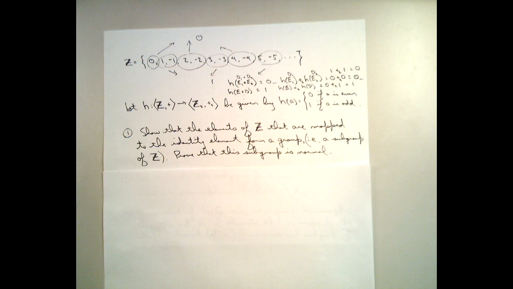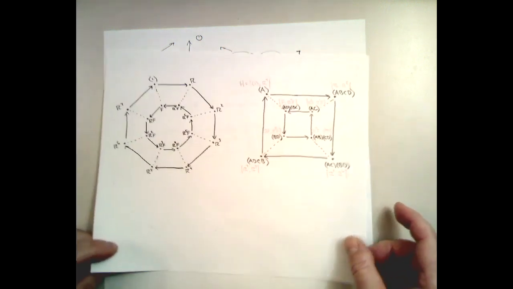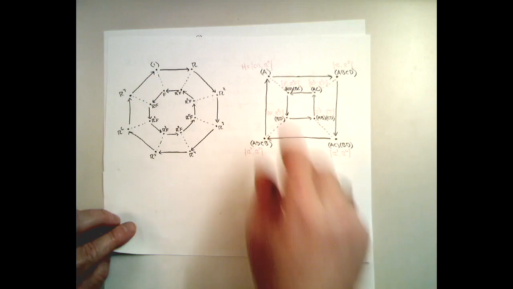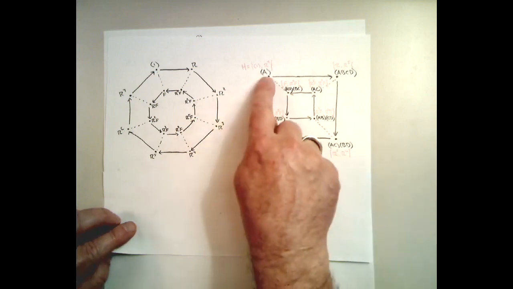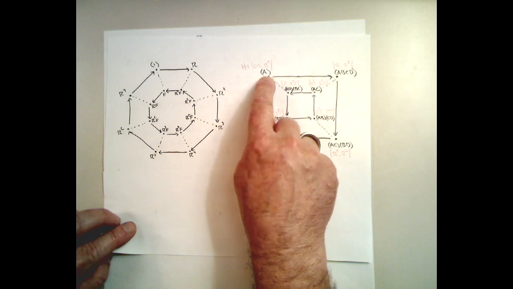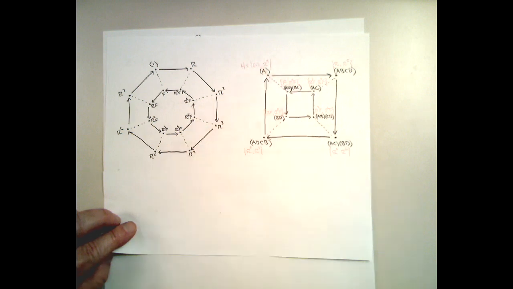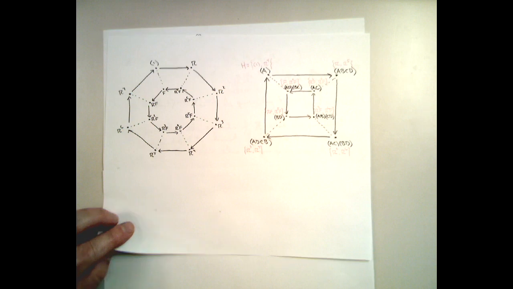To put that in perspective, that's exactly what happened here. The elements that got sent to the identity element in our example that we studied turned out to form a normal group. I want you to show that that happens in this example as well.